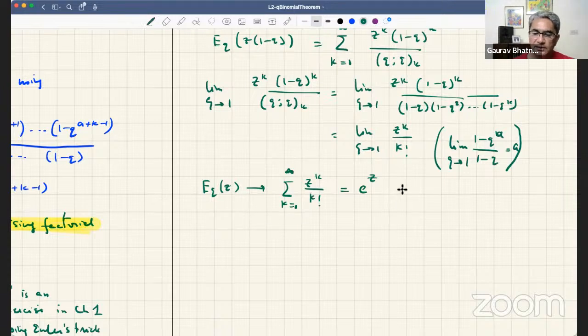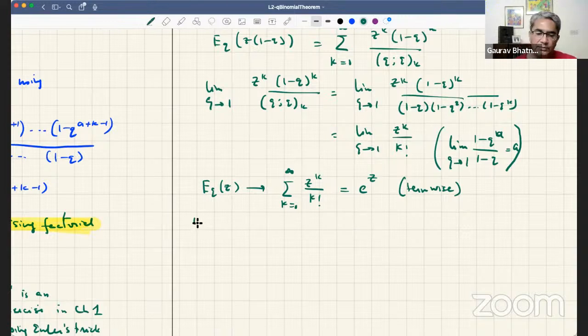This is term-wise, and you can justify that the limit is actually this because the series converges uniformly and absolutely. On compact subsets of z, it will converge uniformly to this. So there's no problem in convergence here.